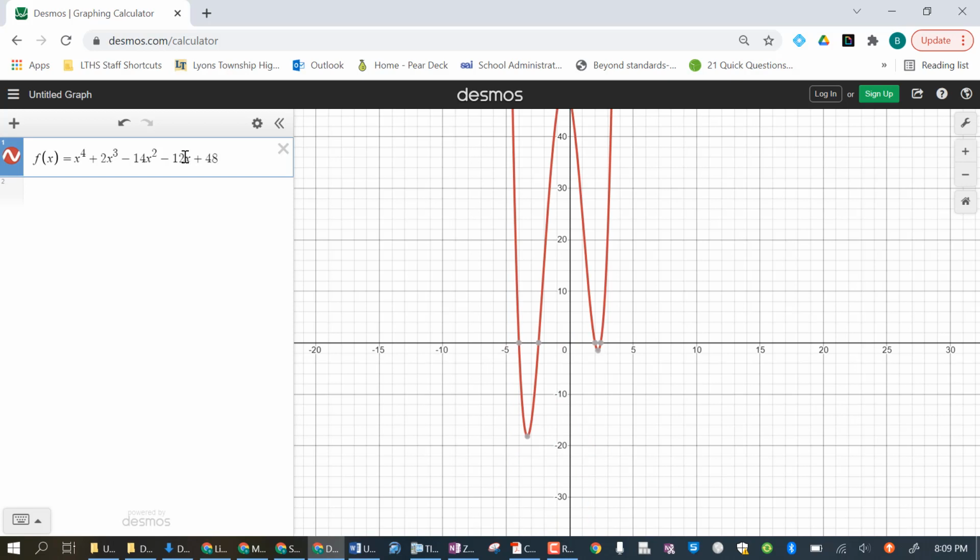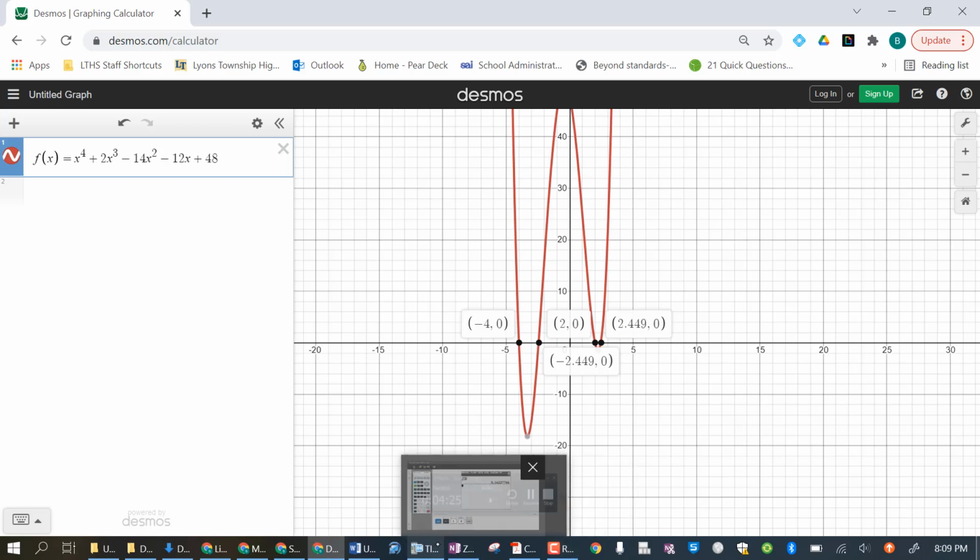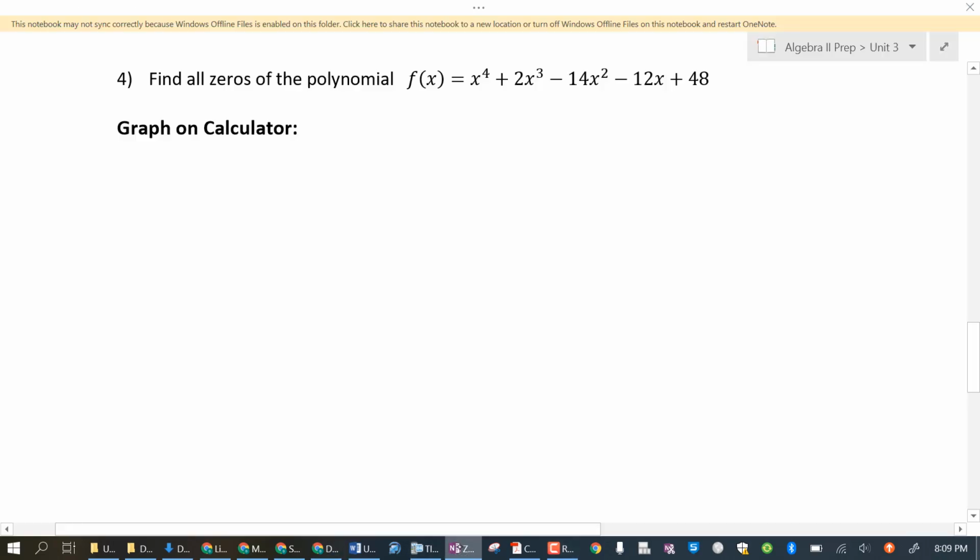So now this graph looks a little bit different. It's like a W, so it's going down, back up. So I can see I have 1, 2, 3, 4 x-intercepts, but only 2 of them are real. So let's go back to my notes and sketch a little picture of our graph.